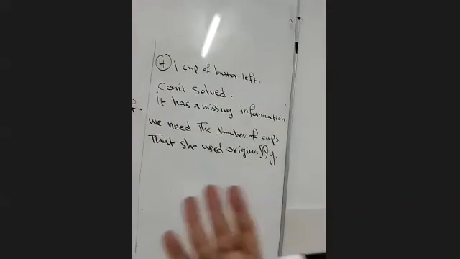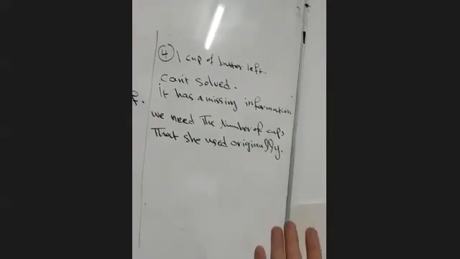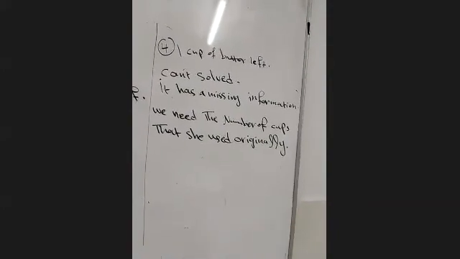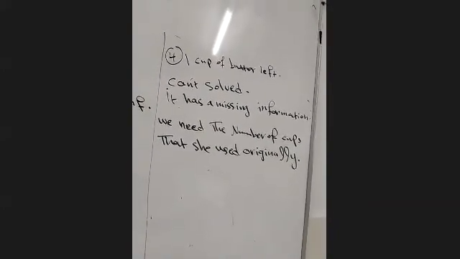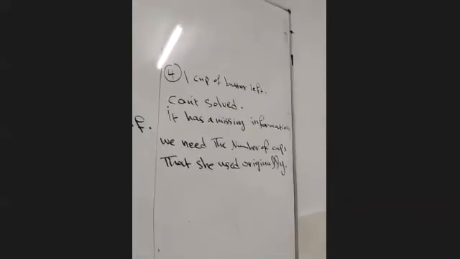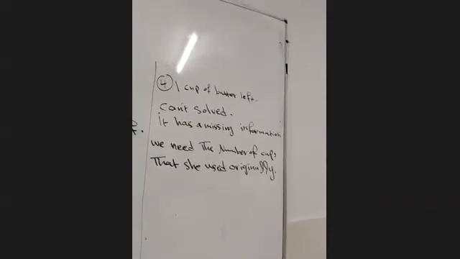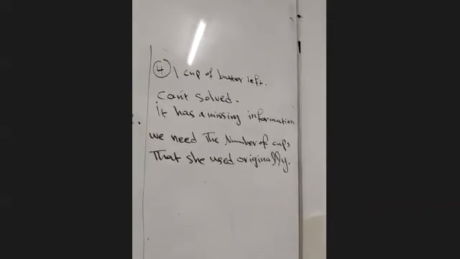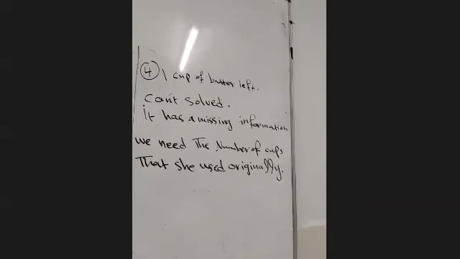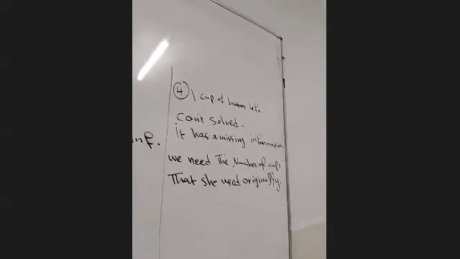We need to know how many cups of batter she used, because the question should be logical. Exactly. Thank you, Muhammad. Copy question 4, guys. This question cannot be solved. It has missing information. To solve it, we need the number of cups that she used originally.